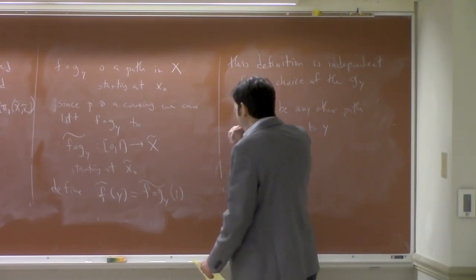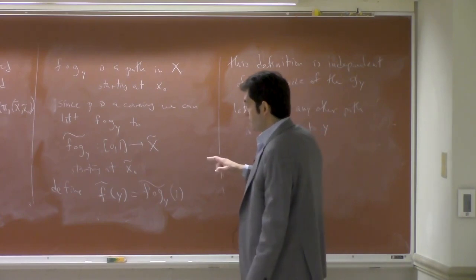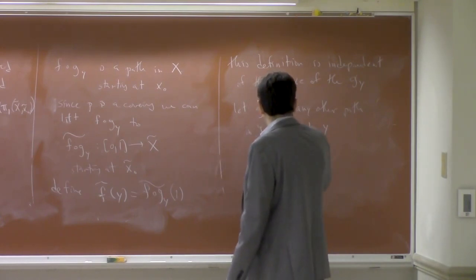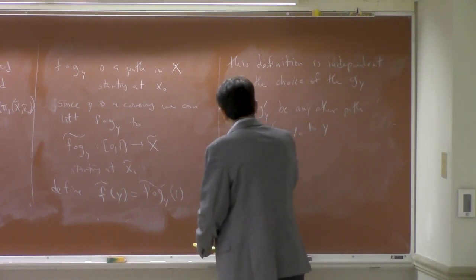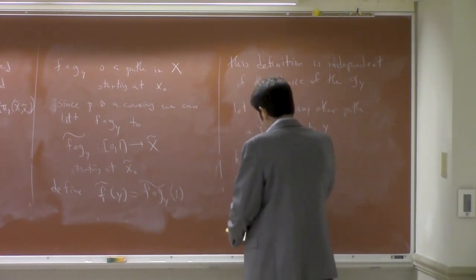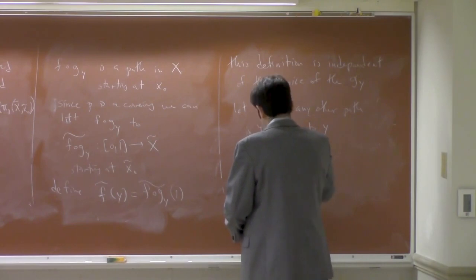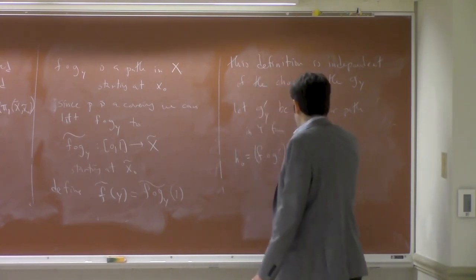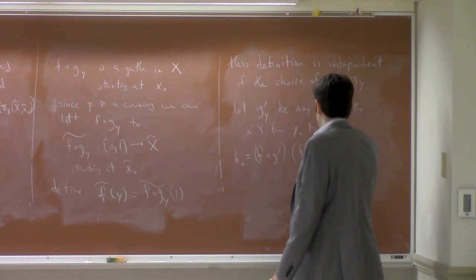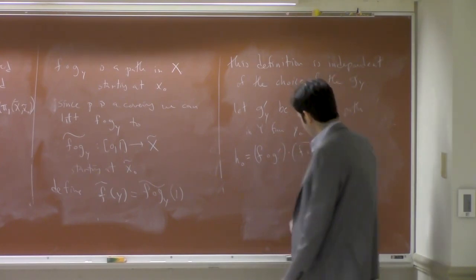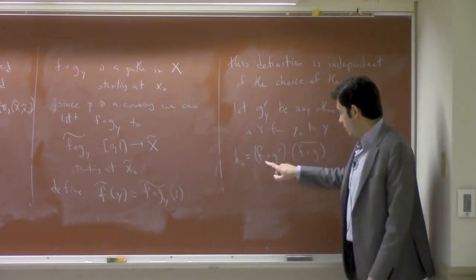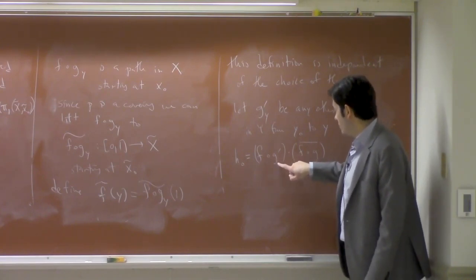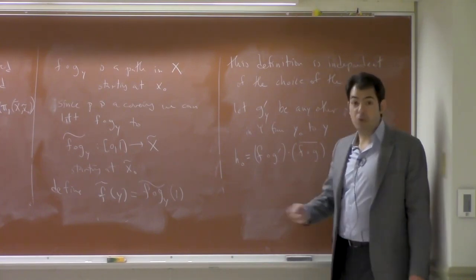So consider H naught. It's what you get by taking the concatenation. We know that g prime and g have the same endpoints.